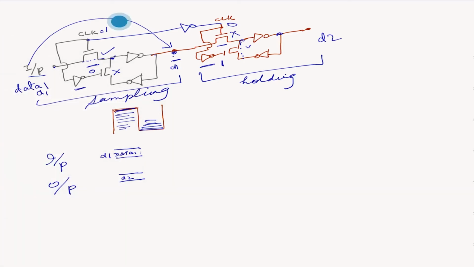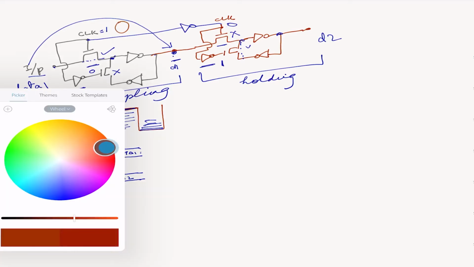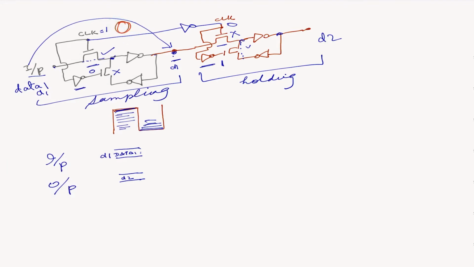So clock is 0, and this is 0 and this is 1. When this is 0, now this doesn't work, it's off. This is on. And this is 1, this is on. This is off. Now, let's draw it cleanly. So this is off.